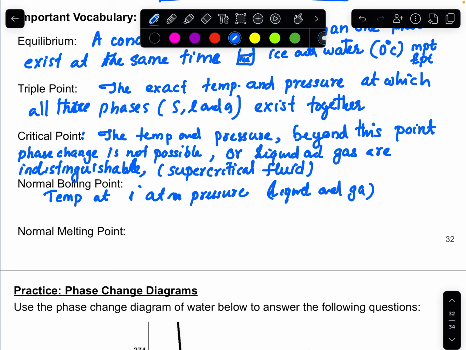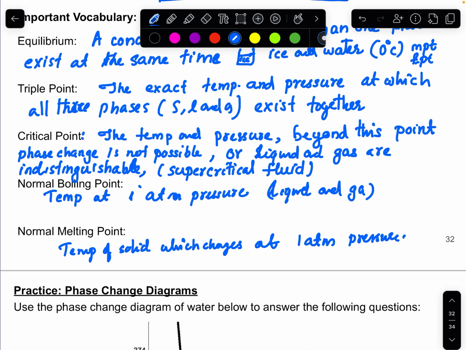Melting point. So temperature at which a solid changes at 1 atm pressure. Okay, this is based on vapor pressure.